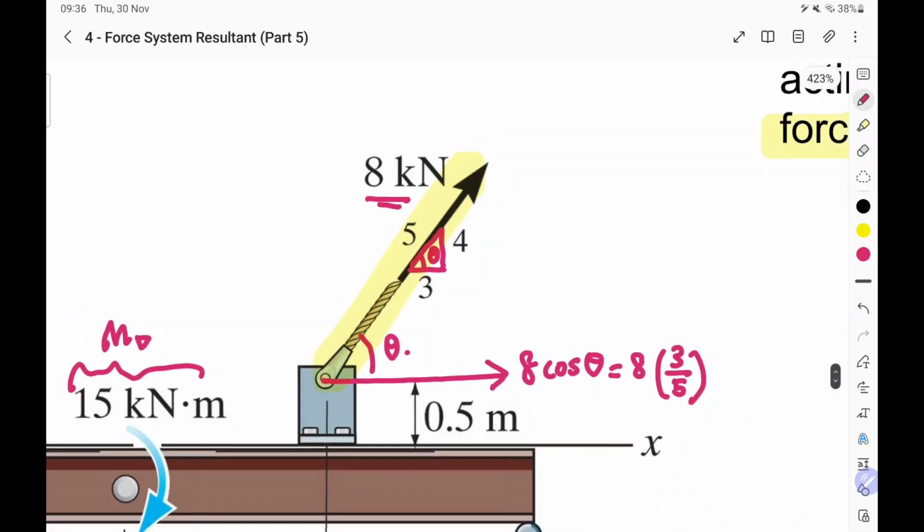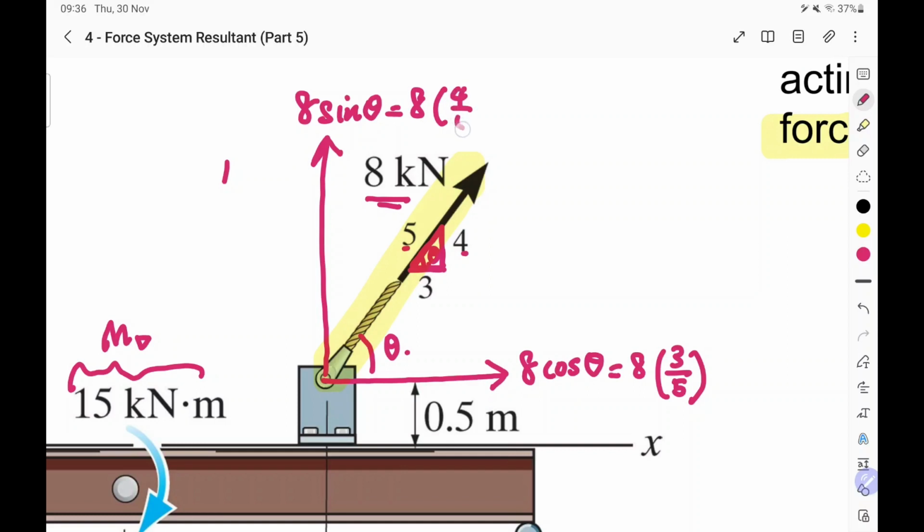Now that is the magnitude of the 8 kN force in the x direction. Accordingly, you kena cari dia punya force in the y direction. So over here it would be 8 sin theta pula. Referring to this segitiga kecil, 8 sin theta is equivalent to 8 sin adalah tentangan per hypotenuse, 4/5.